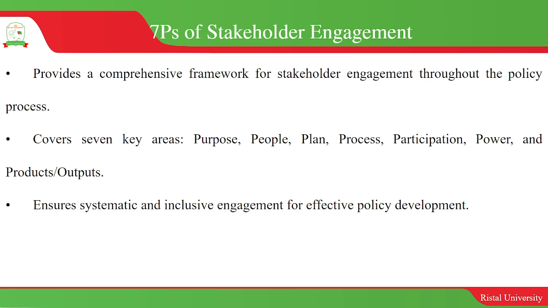This provides a comprehensive framework for engagement of stakeholders through the policy making process. It covers the 7 P's, which include the purpose, people, plan, process, participation, power, and products or output. So we're going to look at each of those P's.